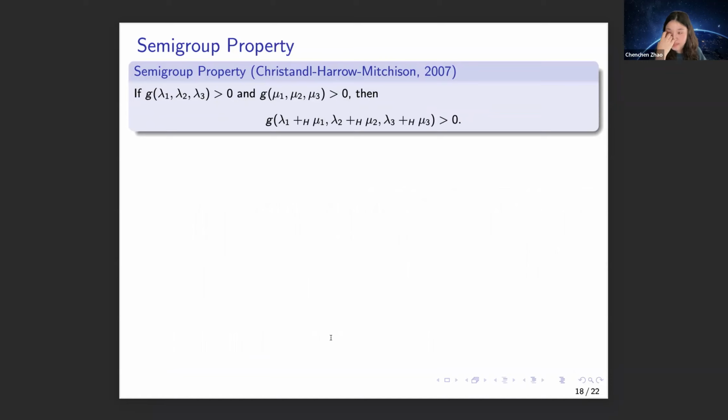One intensively used technique in the proof of these positivities is the semigroup property. The semigroup property states that if we have two partition triples that give us positive Kronecker coefficients, we can add them up horizontally, and the Kronecker coefficient we obtain is still positive.